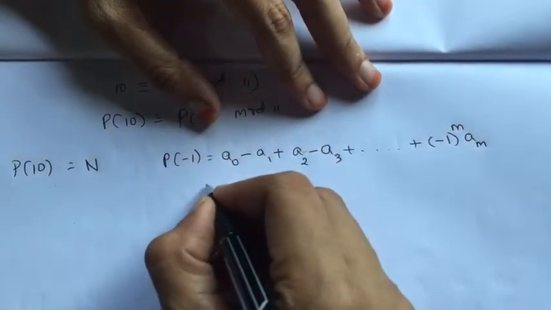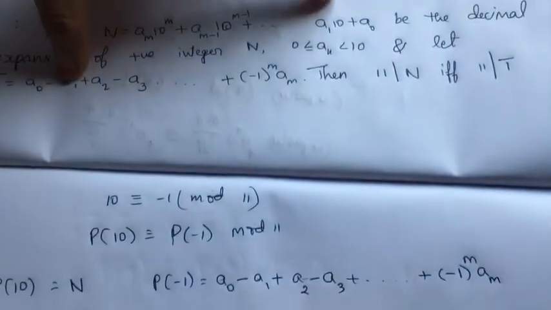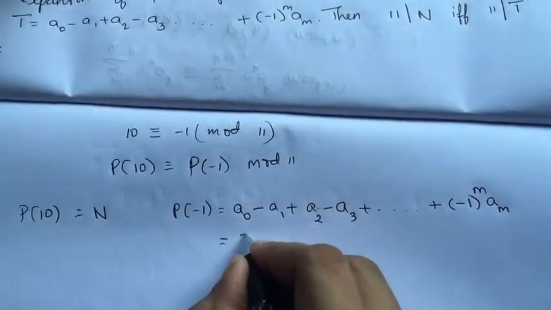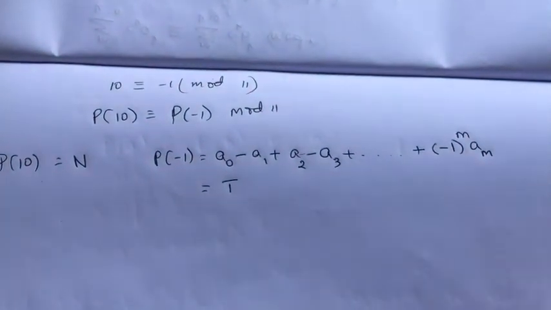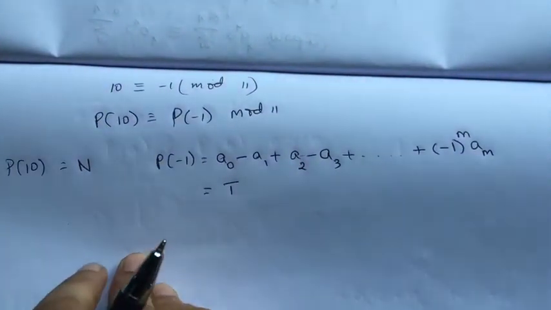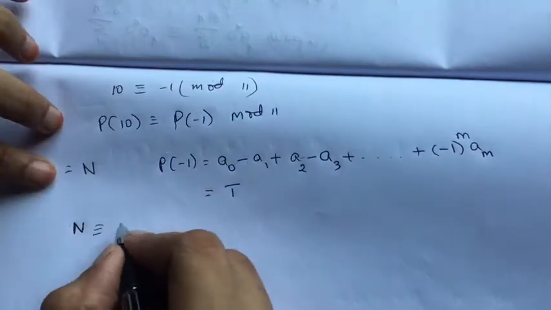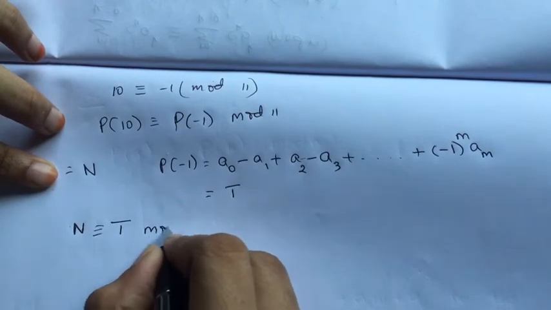In fact this is nothing but t. So P of minus 1 is t. So n is congruent to t mod 11.